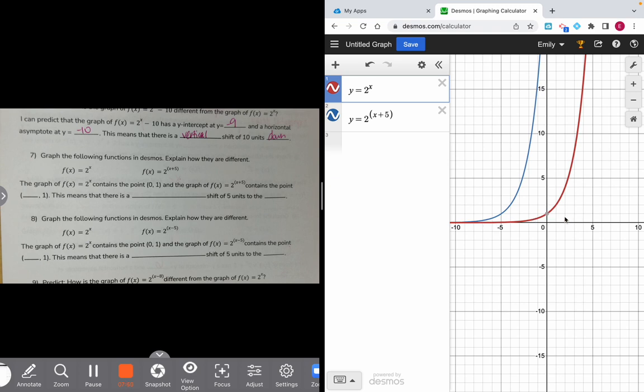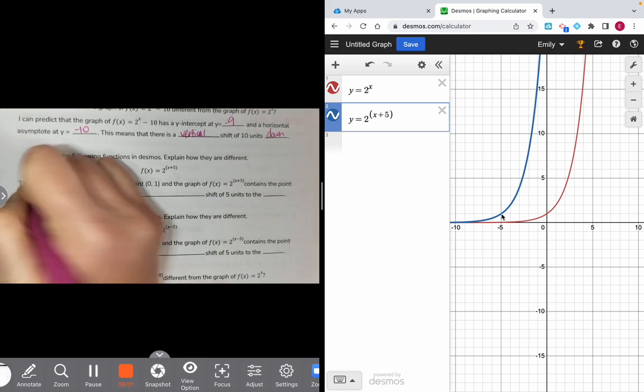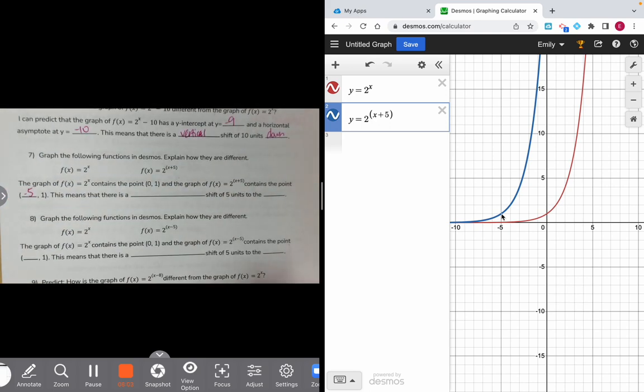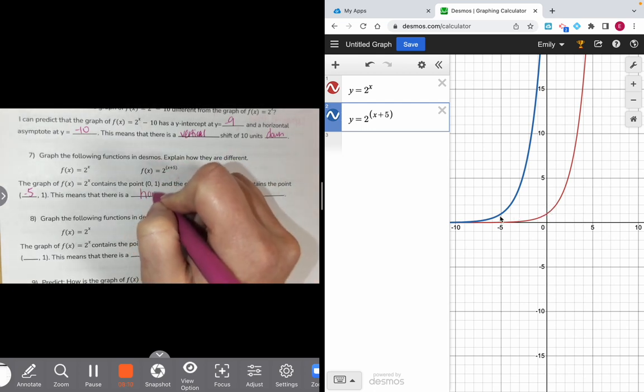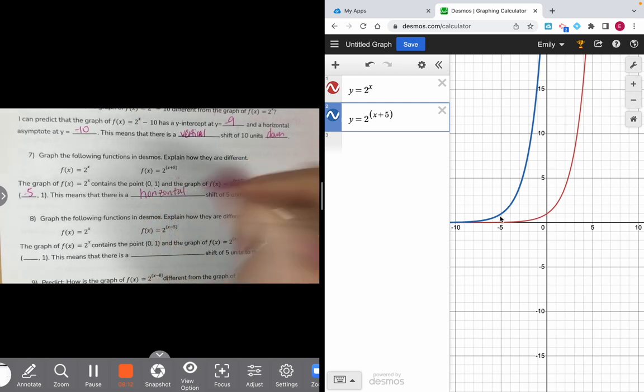So we want to see where y is 1, and in this case, this blue line, let's see, it is -5 comma 1. And so this means that what's happened here is that this whole red line has shifted to the left. So that is a horizontal shift to the left.